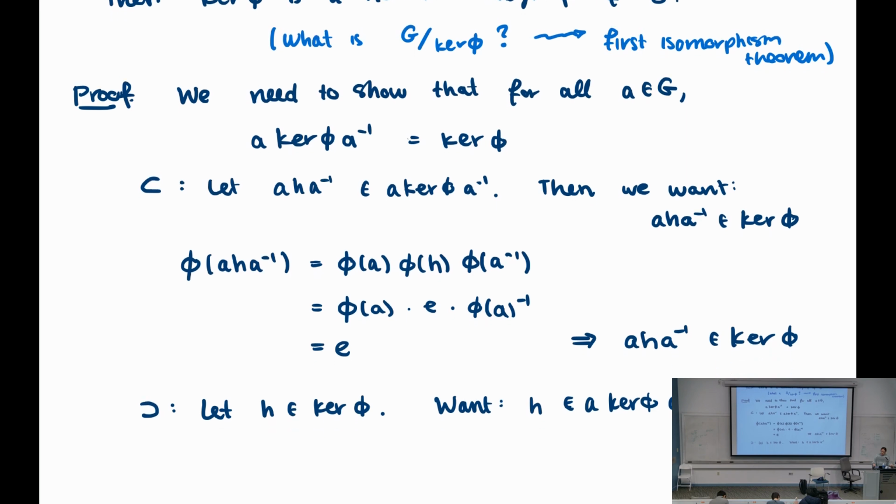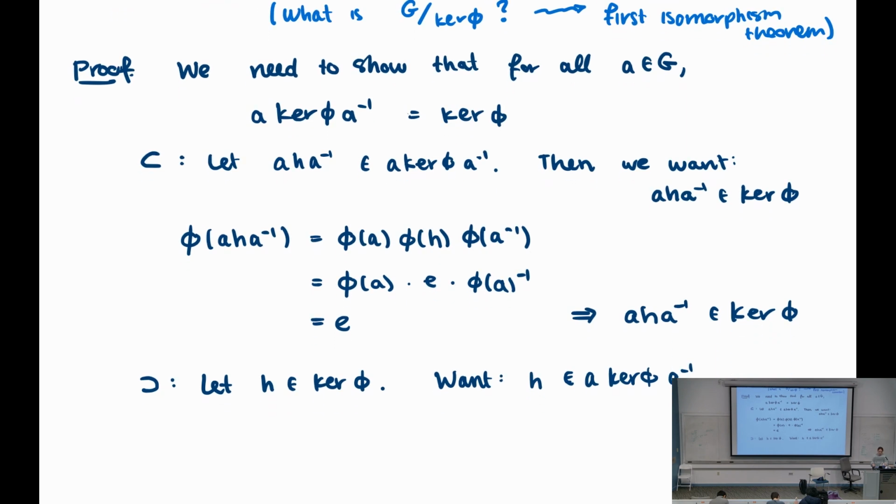Okay, so by the above, I claim that we also have that A inverse H A is an element of the kernel of phi, just by repeating that same calculation from the previous part.